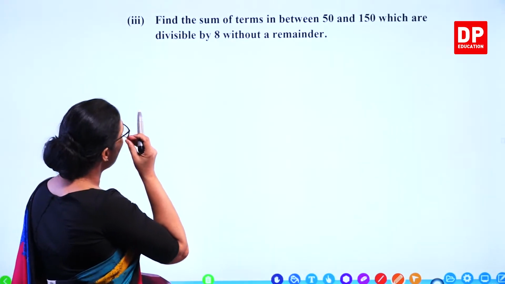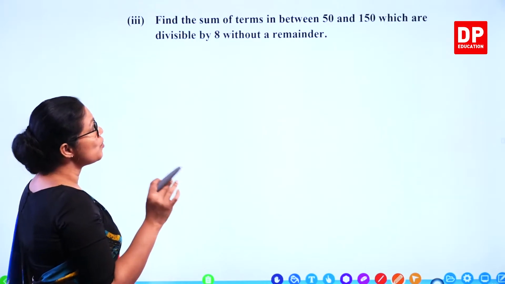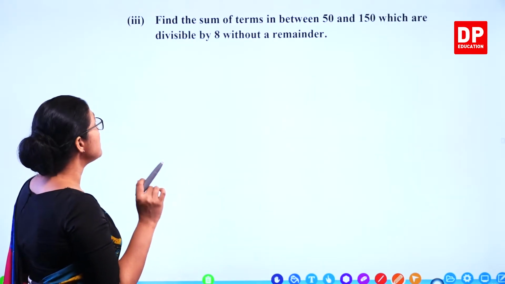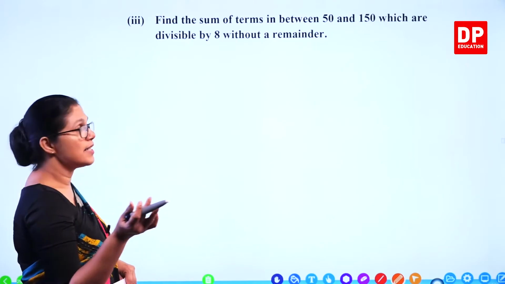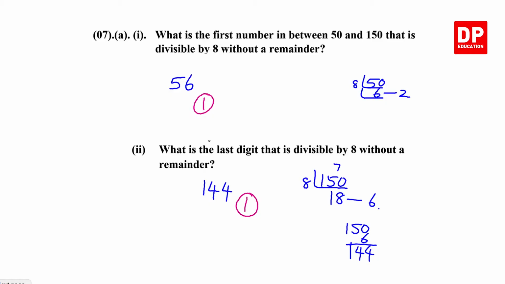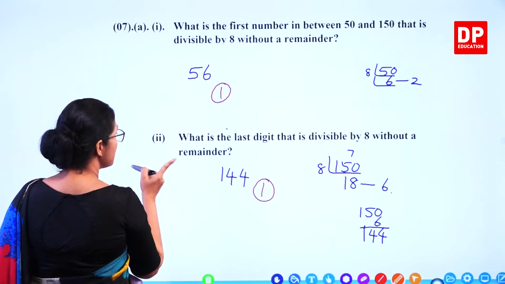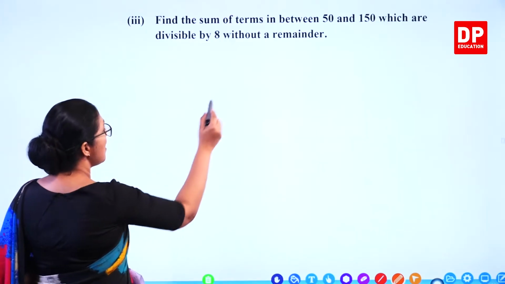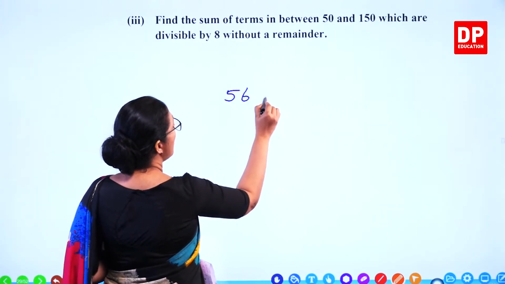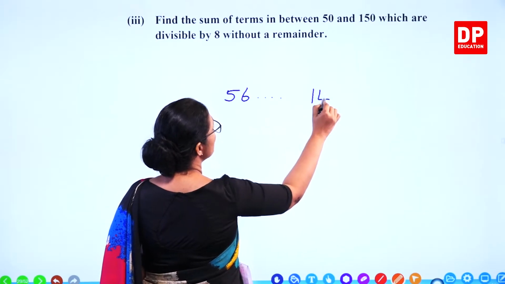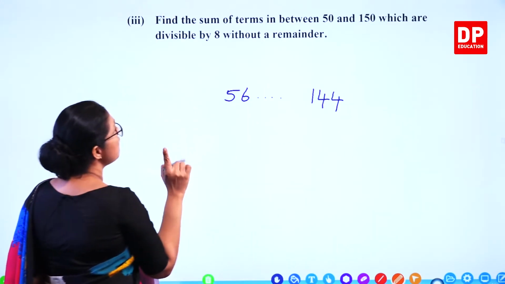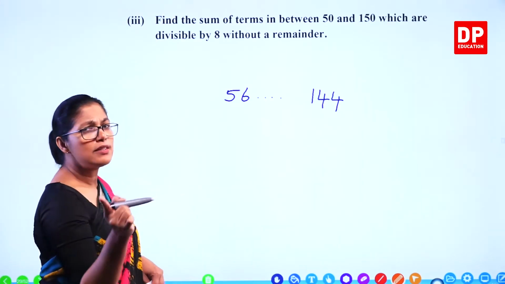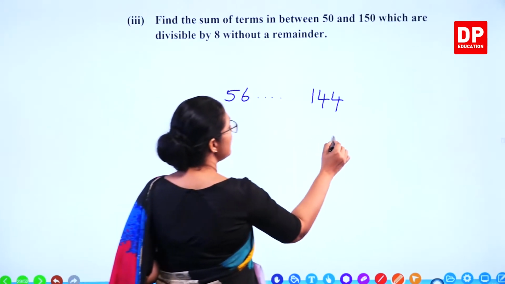Now take the third part. Find the sum of terms in between 50 and 150 which are divisible by 8 without a remainder. So we found the lowest number is 56 and the highest one is 144. All these are divisible by 8, so the common difference is 8.